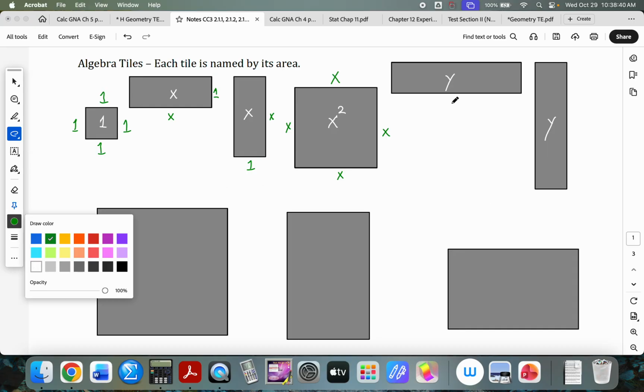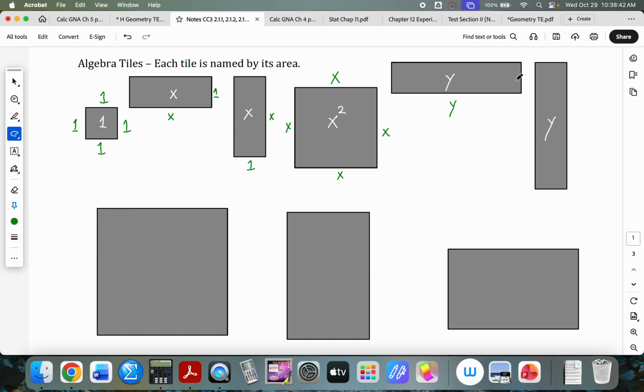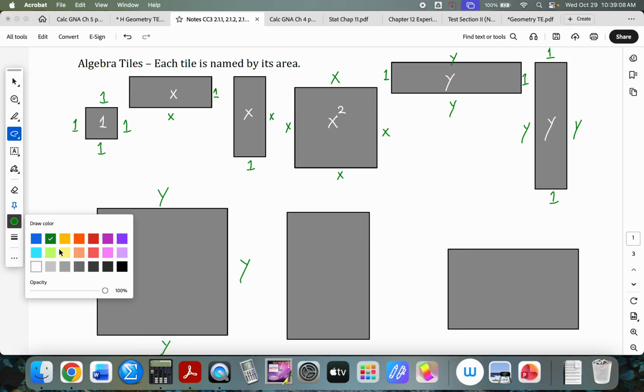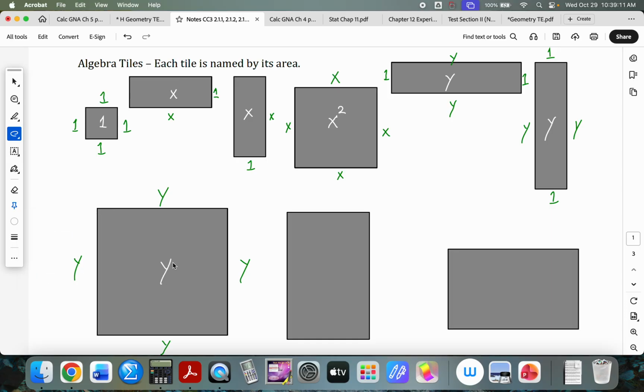And the area is y because one side is y, and a side perpendicular to that is 1. For both of these, it doesn't matter how it's turned, that area is still y. On the bigger square, each side is y, so the area is y squared, so we'll call that the y squared tile.